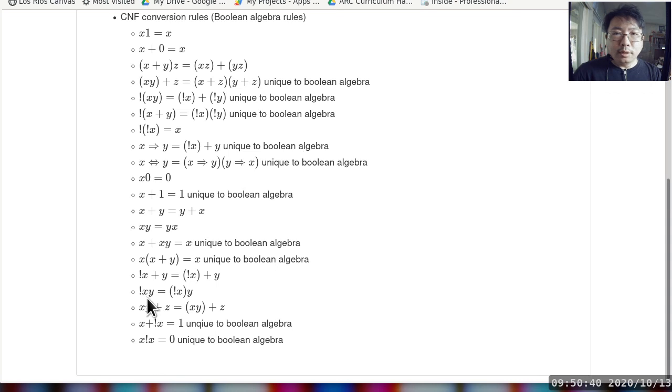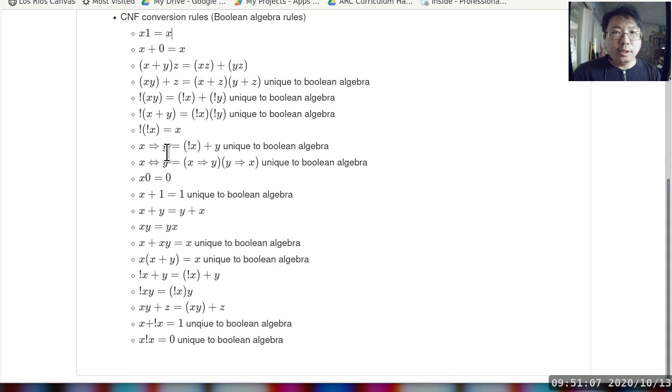Some of these simplification rules are really important to remember, because they are not found in normal algebra. Like these two are particularly helpful, because once you convert something to either true or false, then you can apply the other simplifications, like this one.